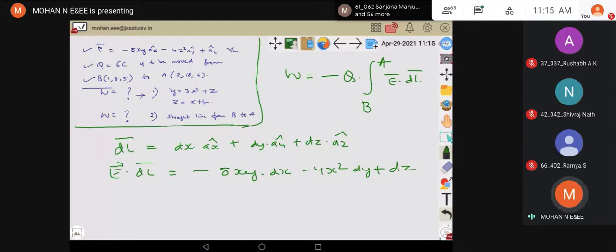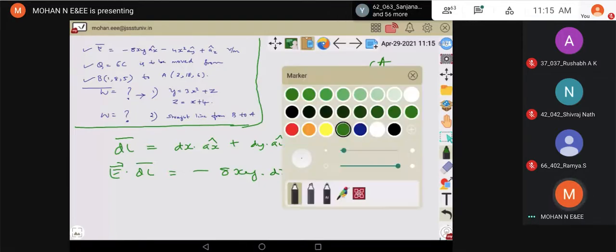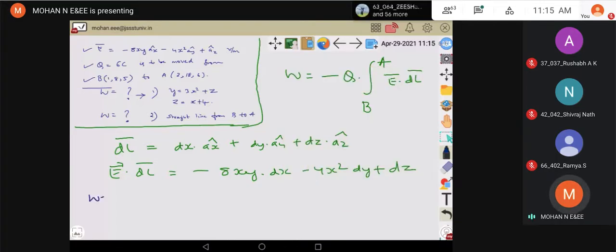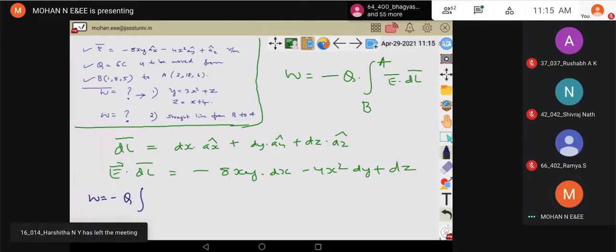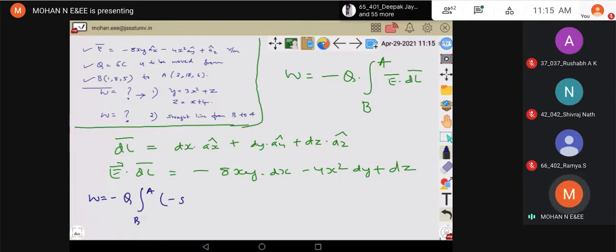Now if you substitute the values in the integral, W is equal to minus Q into the integral from B to A of minus 8xy dx minus 4x square dy plus dz.